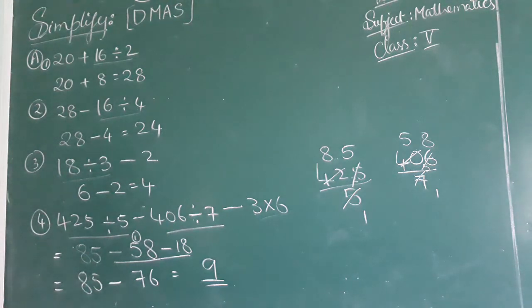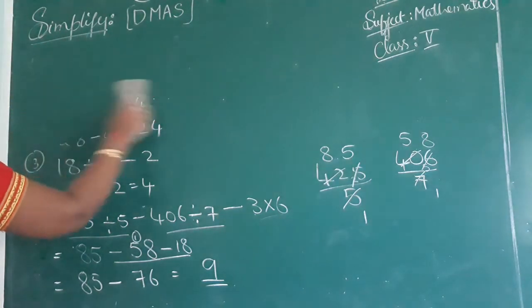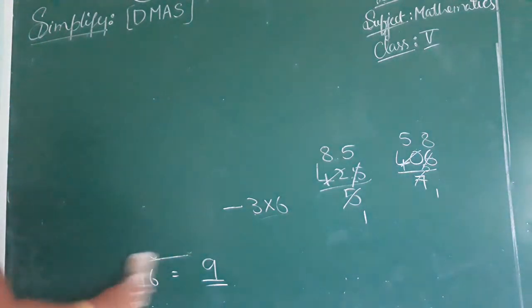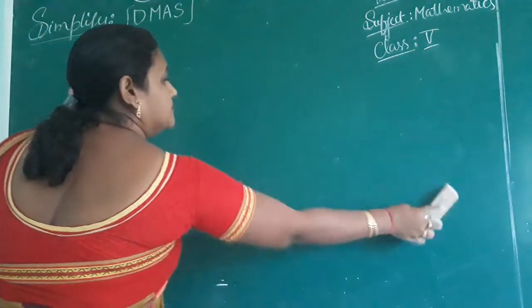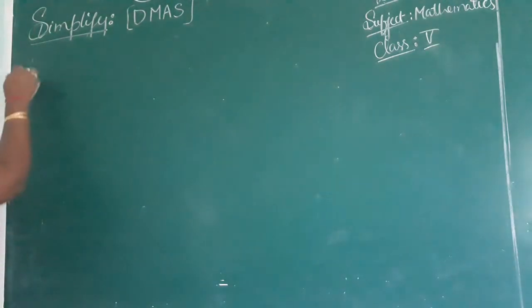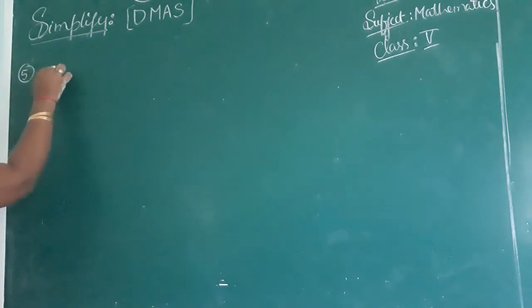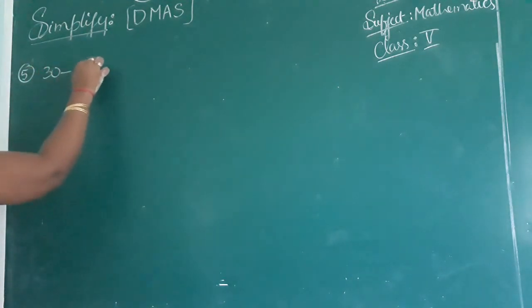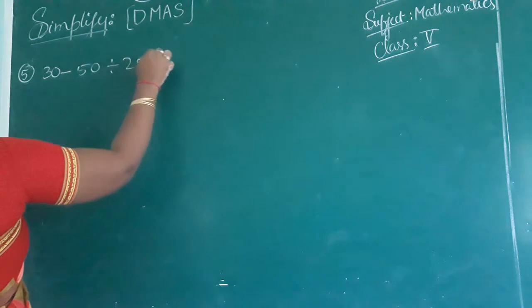See the next one, children. Fifth one: 30 minus 50 divided by 25 plus 10.